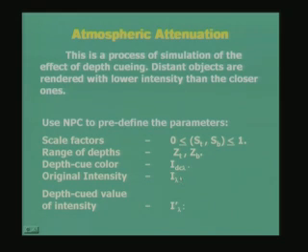Based on these values we have to compute the depth queued value of intensity, I lambda prime, based on the range of scales, the range of depths, the depth queue color IDC lambda and the original light intensity.